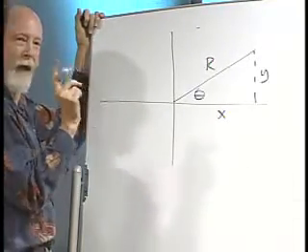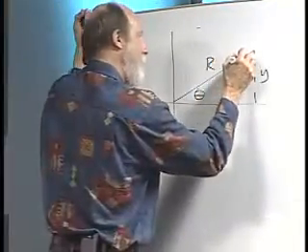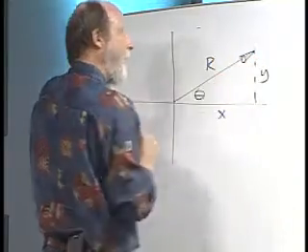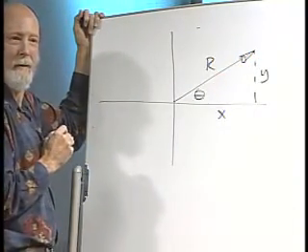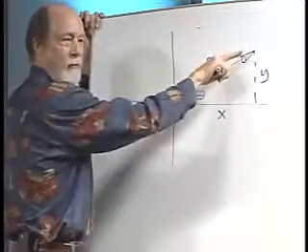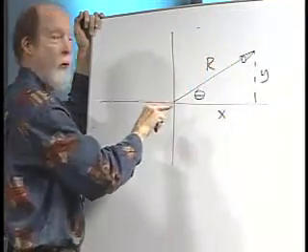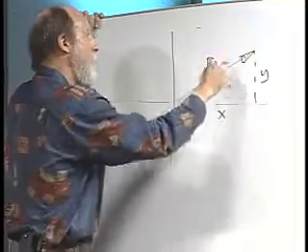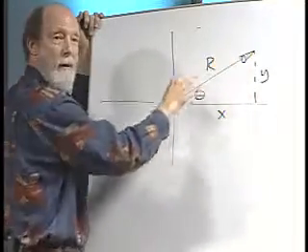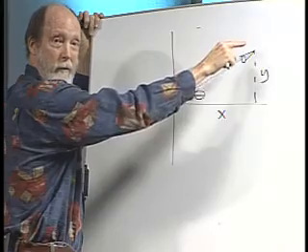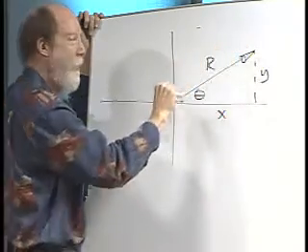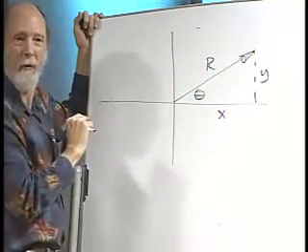Now, to make this a vector, let's put an arrow on there, indicating a direction of travel, or a value for distance, maybe. That could be a distance traveled. It could also be force, couldn't it?